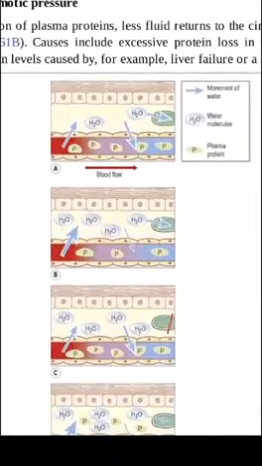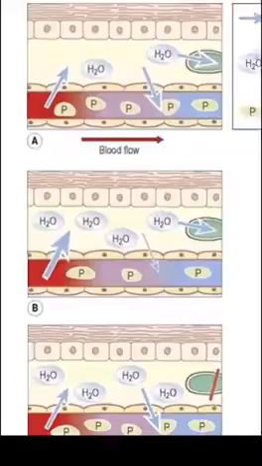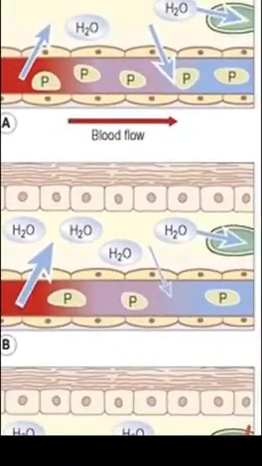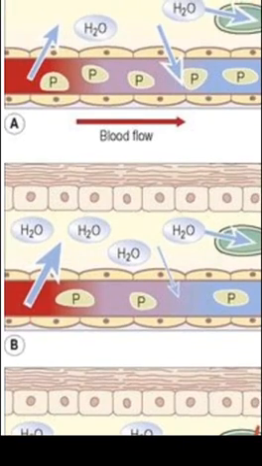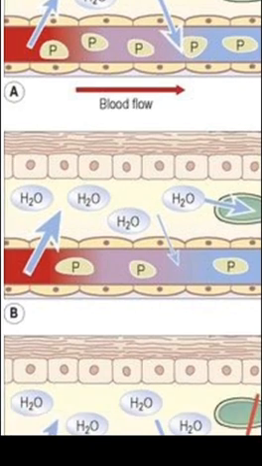Okay, if there are reduced plasma proteins in the blood vessel region, then you can see that the difference between A and B is that in A, there are more plasma proteins, denoted by P in the blood vessel region, and in B diagram, there are fewer plasma proteins.